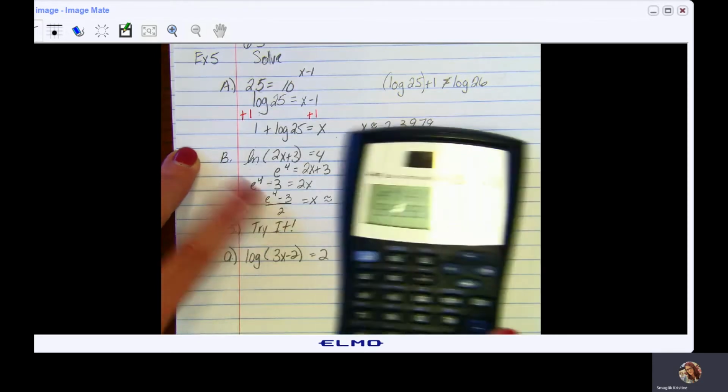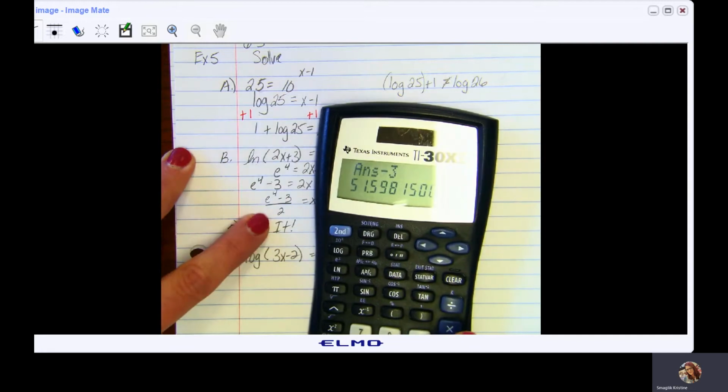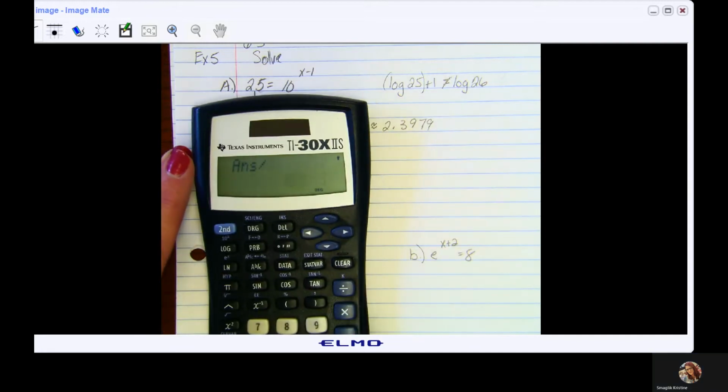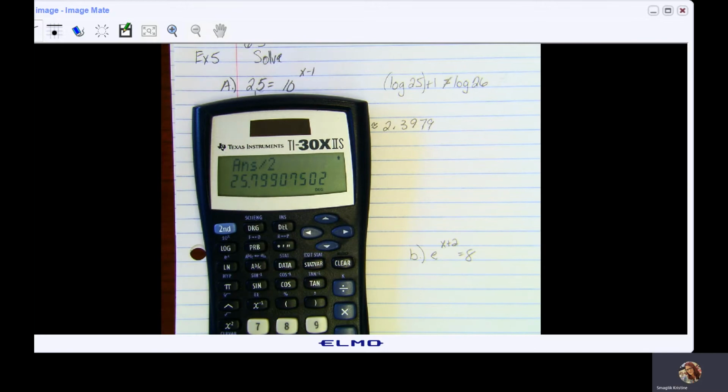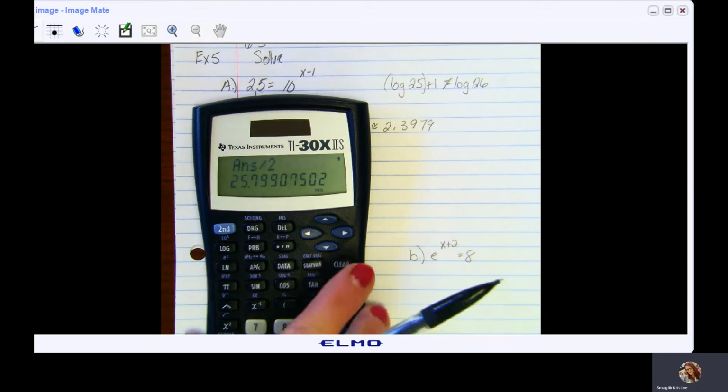And then I needed to subtract 3. So I will minus 3 equals. And then divide by 2. And we get approximately 25.7991. I'm going to round it to the nearest 10,000ths.